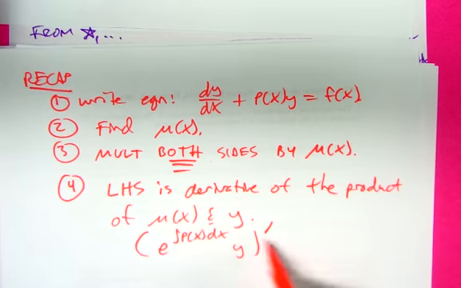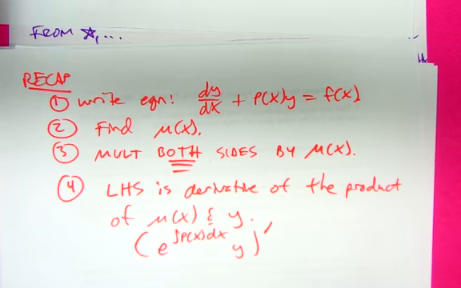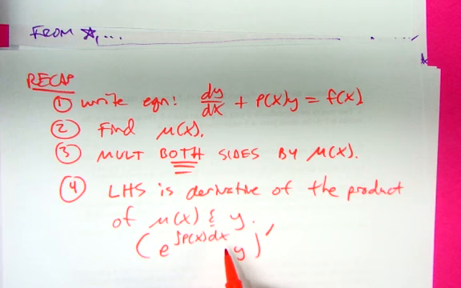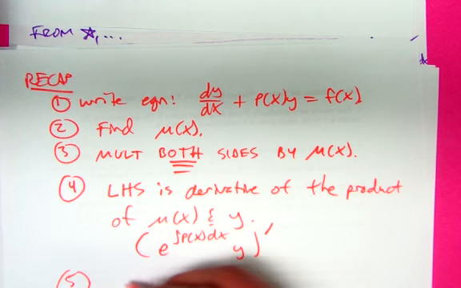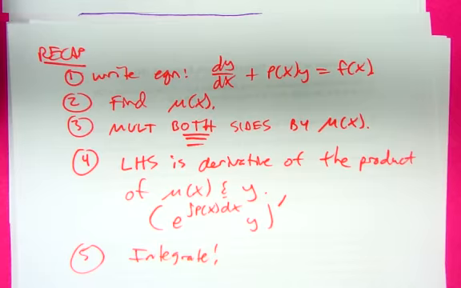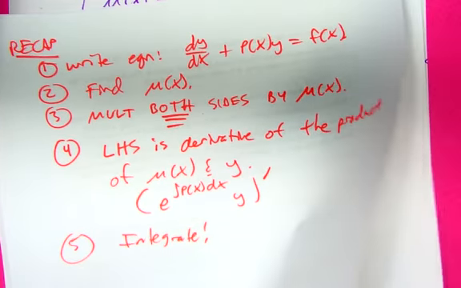So the left-hand side will always turn into this. We made it that way. Okay? If you don't believe it, you're welcome to verify that it is indeed what you end up with. Okay? Last step is to integrate. Okay, so that's the procedure we're going to take.